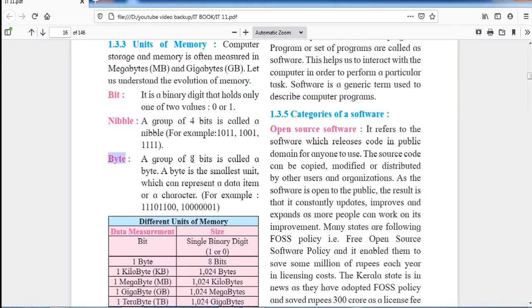When 2 nibbles get together, it becomes a byte, that is 8 bits. If it is a group of 4 bits, it is a nibble. And if it is a single digit, either 0 or 1, then it is a bit.